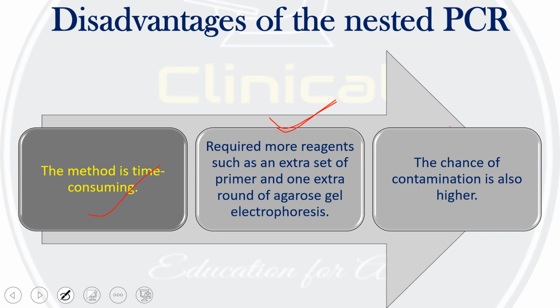And last, the chance of contamination is higher, because you are pipetting several times. More opening and more handling means more chances of contamination. So these are the disadvantages of nested PCR.